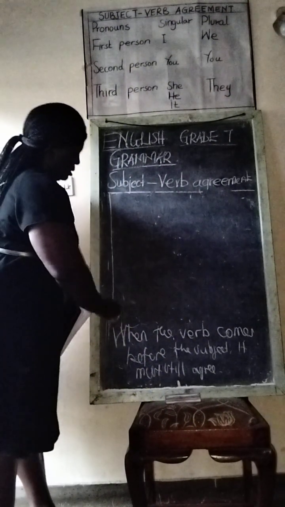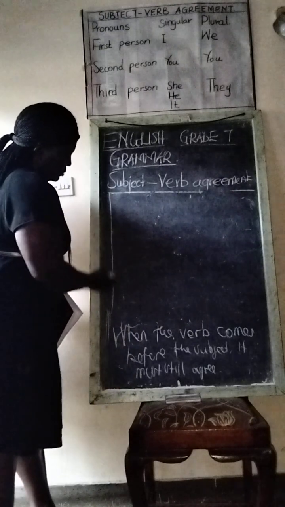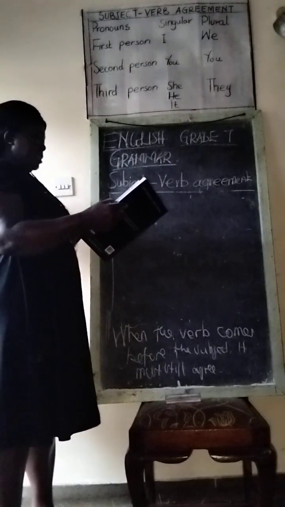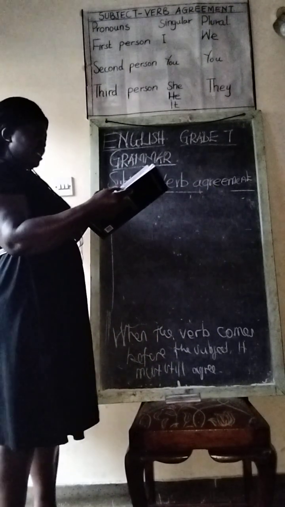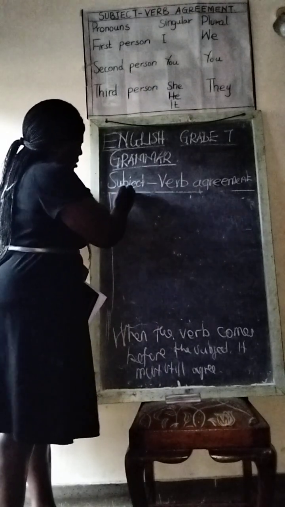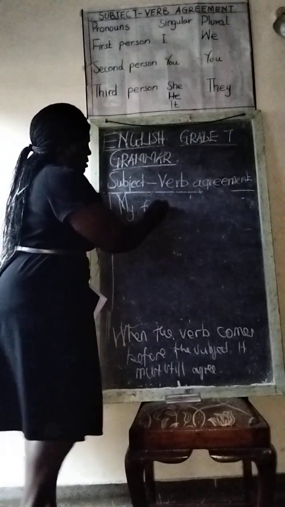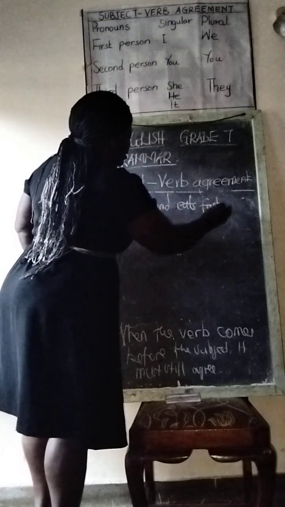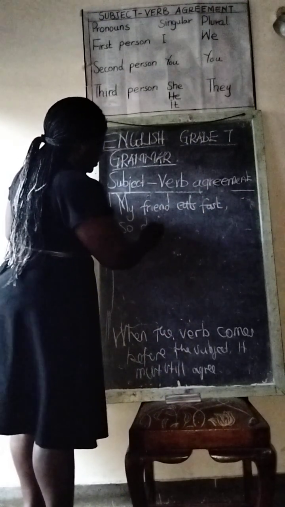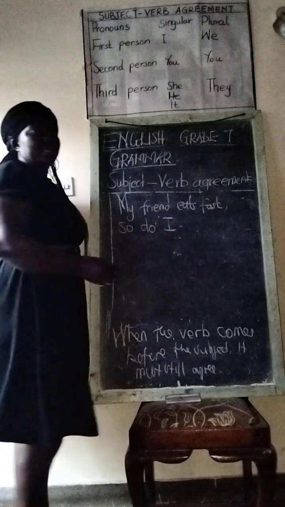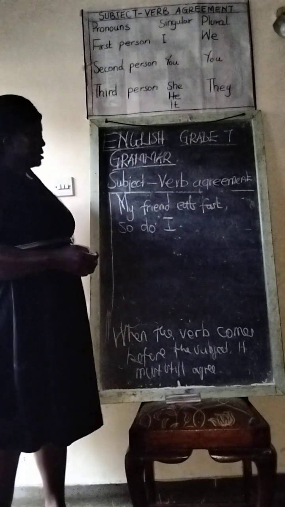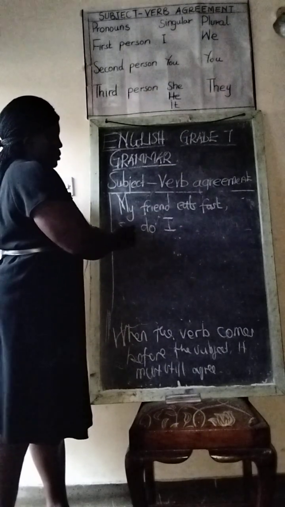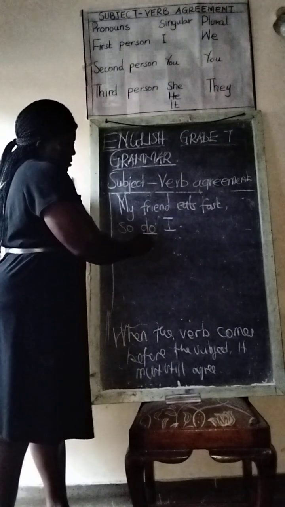Let's say you and your friend eat together and you realize that your friend eats very fast. So you can say, my friend eats fast, so do I. Do is a verb.